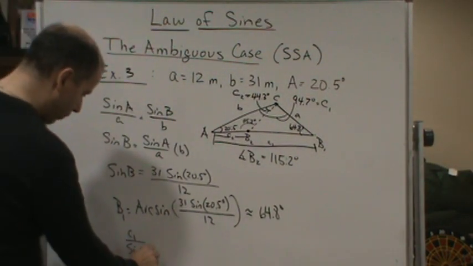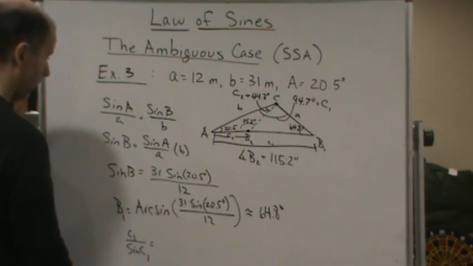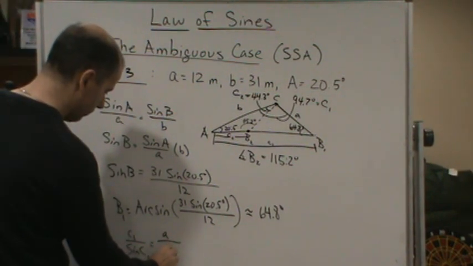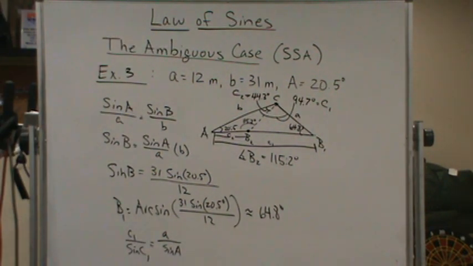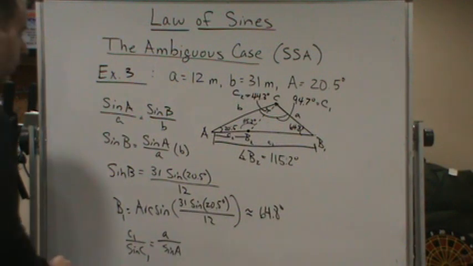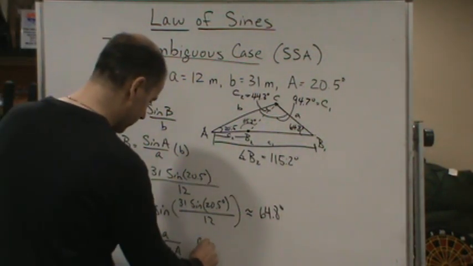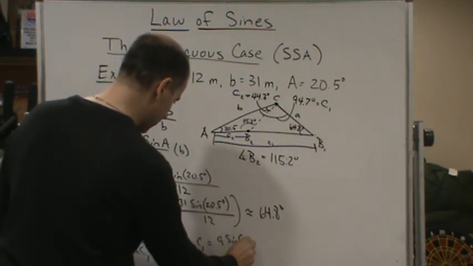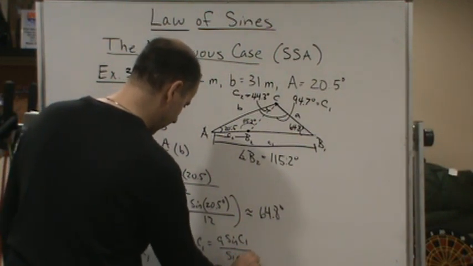Okay, so C1 over sine of C1 is equal to what? It's going to be A over sine A. And so if we're going to solve for C1, then C1 is equal to A sine of C1 all over sine of A.